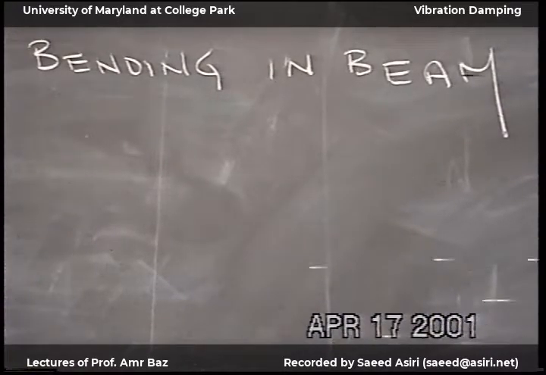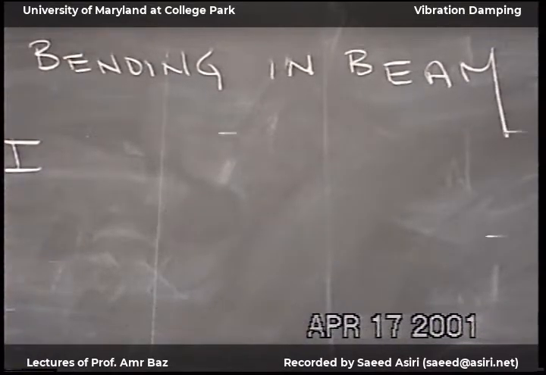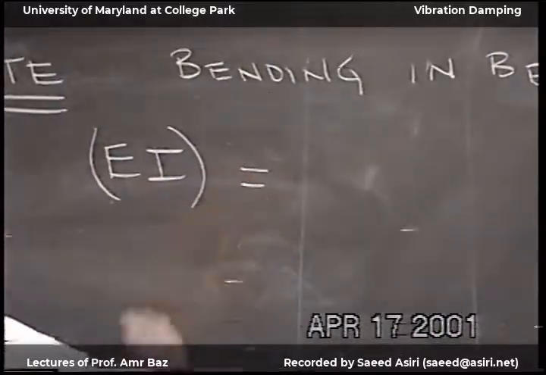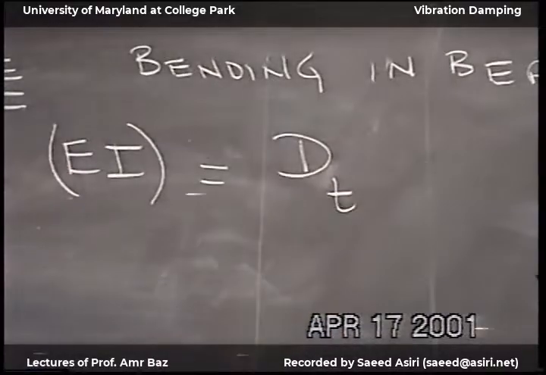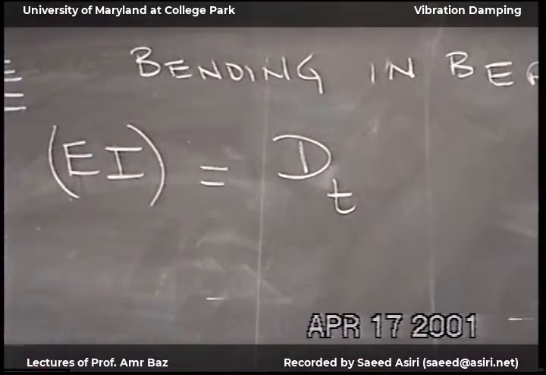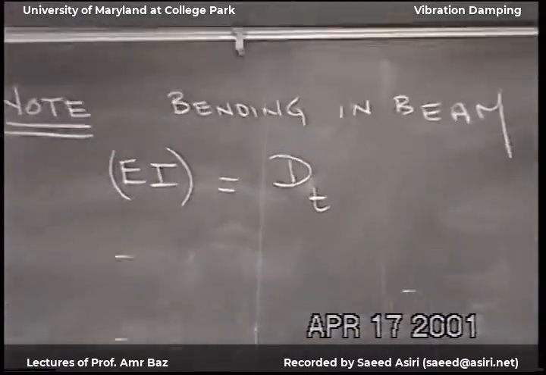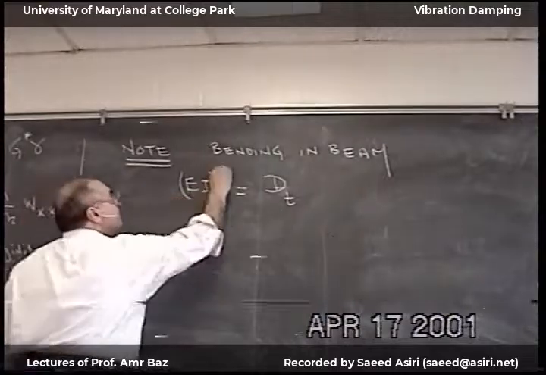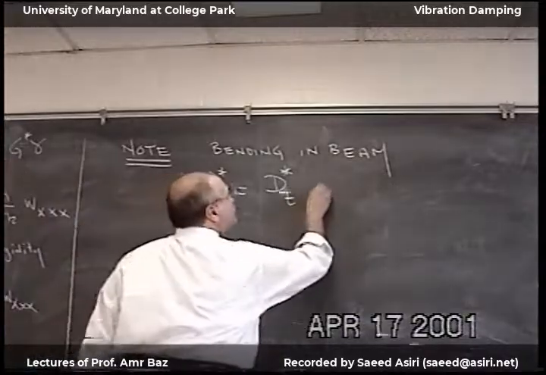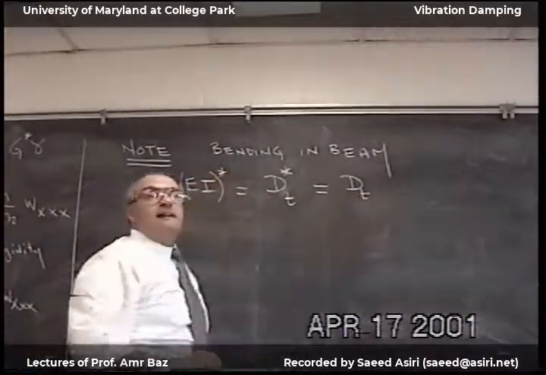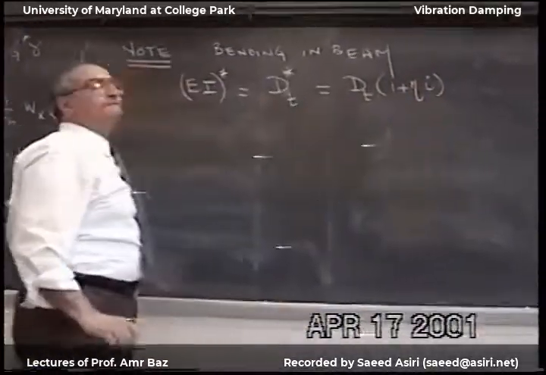The flexural rigidity, EI, I'm going to reduce it to this symbol. If the beam that we have has damping, then this is a complex number. So I can write this as D multiplied times 1 plus eta and I.